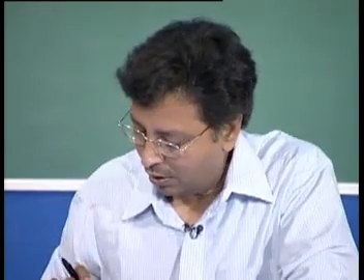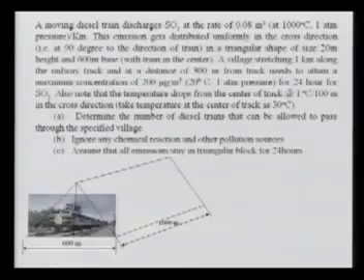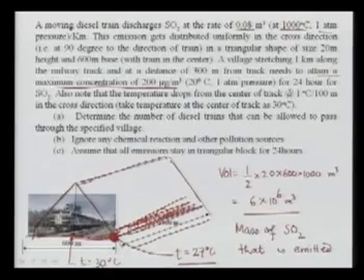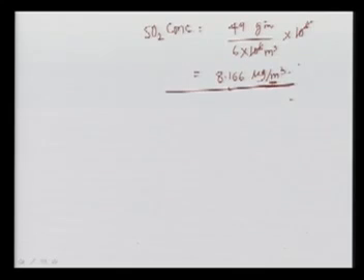If you recall, what was the standard we wanted? 200 microgram per meter cube at 20 degrees Celsius. And what is my temperature here? 27 degrees Celsius. So this meter cube is at 27 degrees Celsius. Don't forget that.